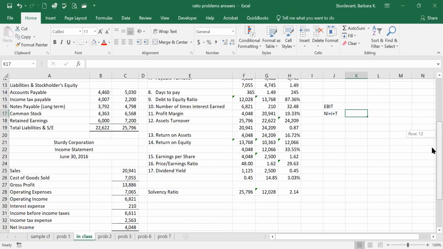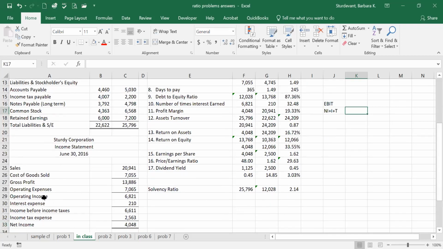This one is set up properly. Operating income is your EBIT, and that's your top number. But you would have gotten the same thing if you had added this and this and this. Okay, so it's just however you want to remember it.